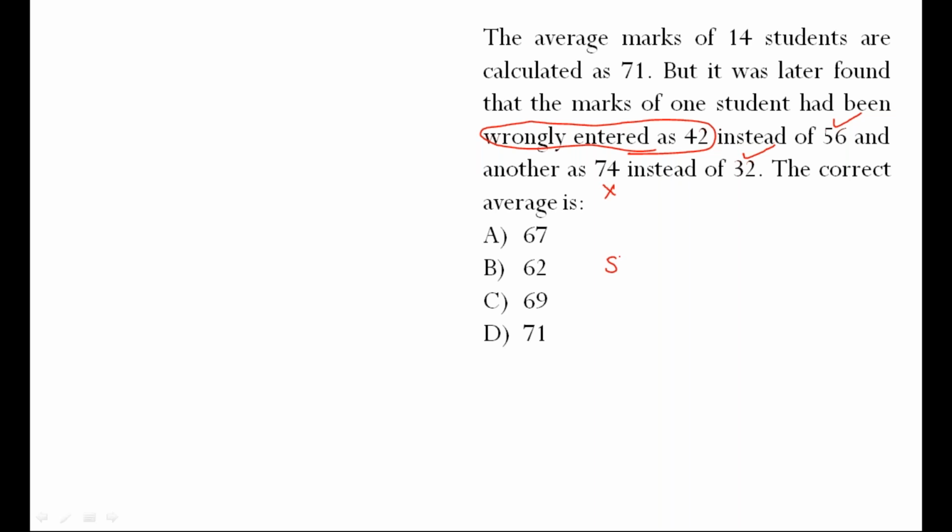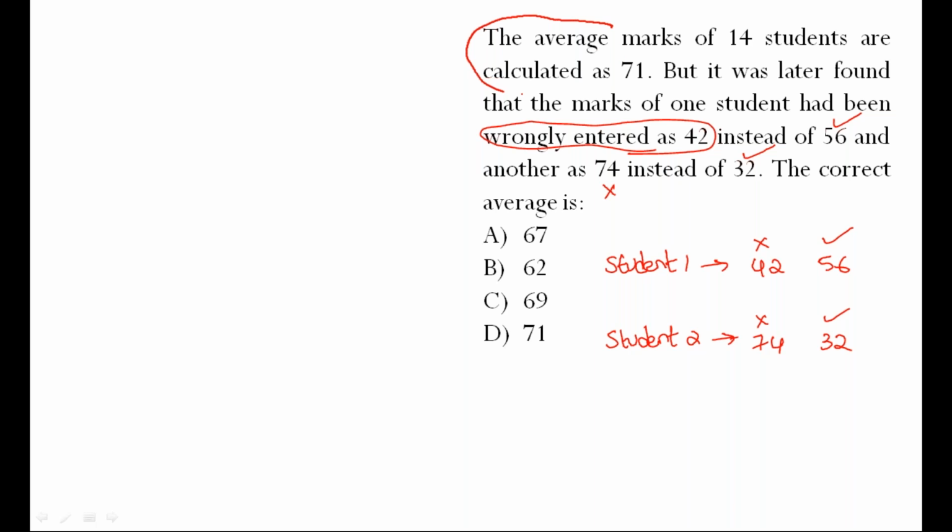For the first student, they entered 42 but the actual marks are 56. For the second student, they entered 74 but the correct marks are 32. So the calculated average of 71 is wrong because of these mistakes. Now you have to find the correct average.